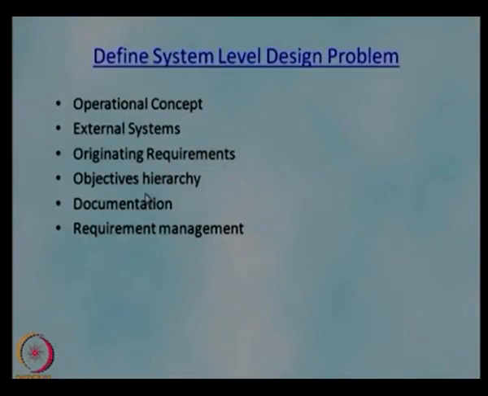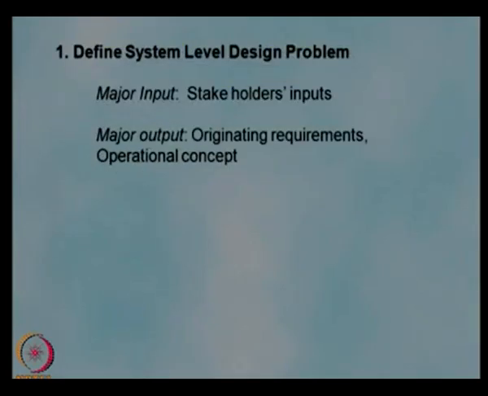We try to identify what are the objectives of the system and how we develop the objectives hierarchy, and then we have to make the documentation for the requirements, and then manage the requirements. So these are the steps involved in defining the system level design problem. We will go through one by one what are the steps and how we actually do all these stages to achieve the system level design problem.